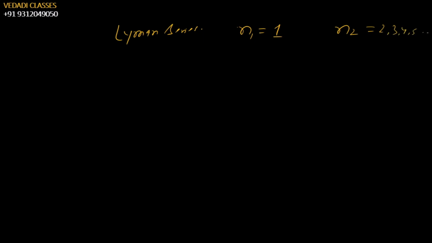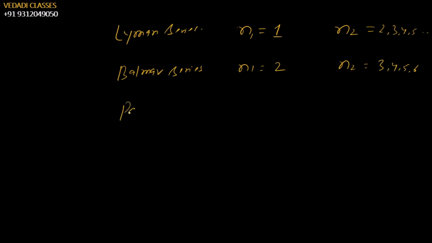For the Balmer series, n1 will be 2, the second orbit, and n2 will always be 3, 4, 5, 6, anything it may be.